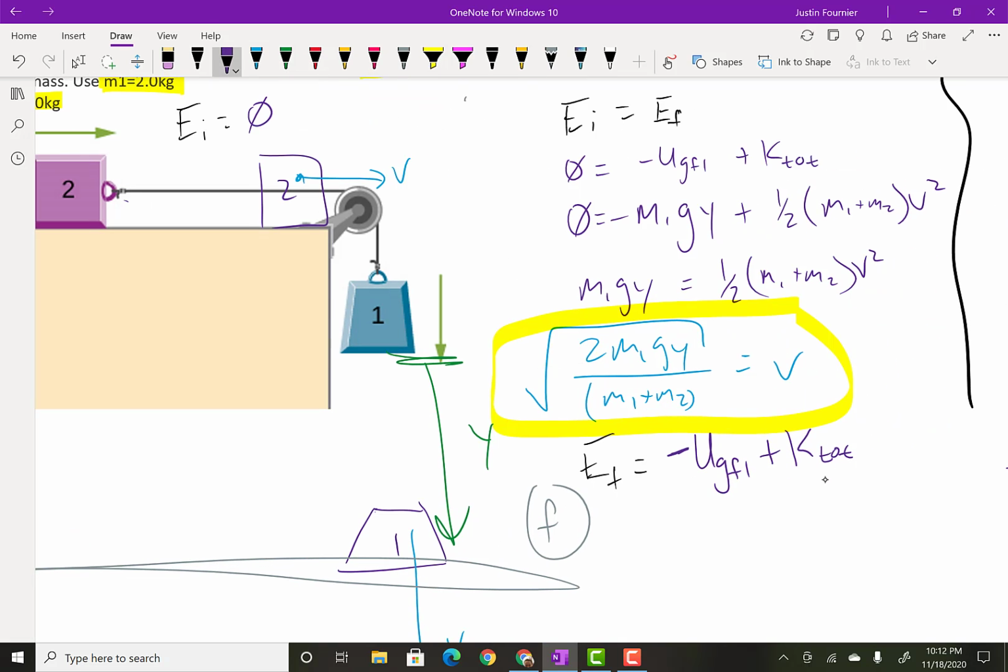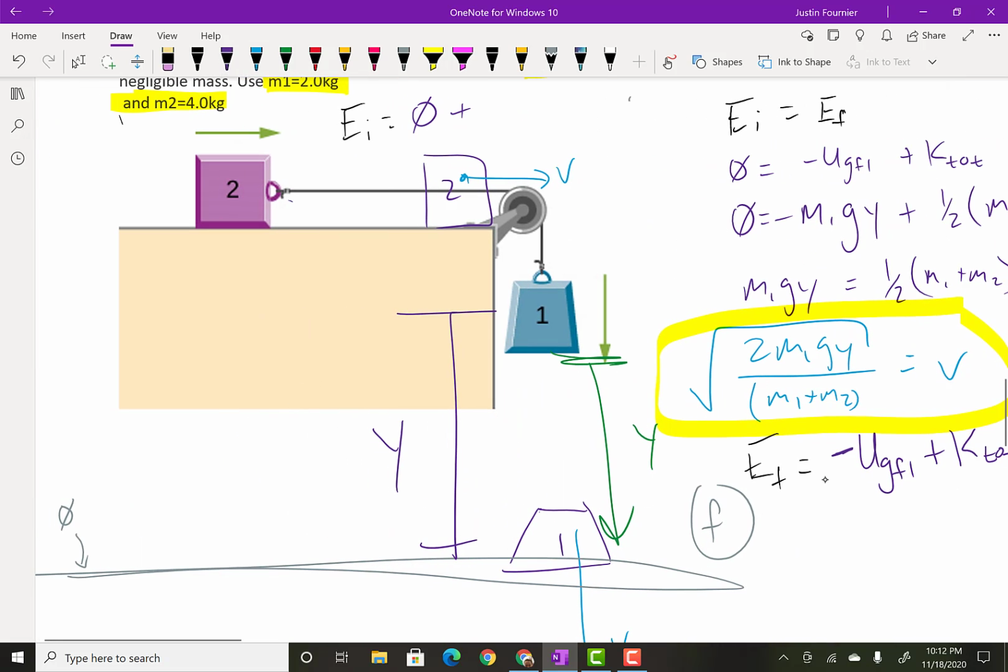So with this one here, there's gravitational potential energy for object 2. Object 2 is at a height y, and it's above my 0 point. So I do have gravitational potential energy for object 1.